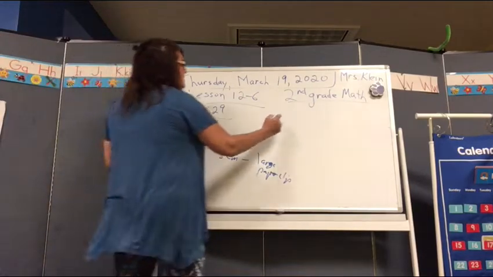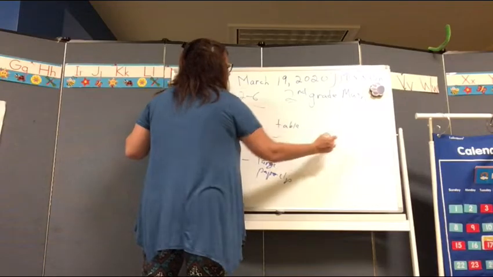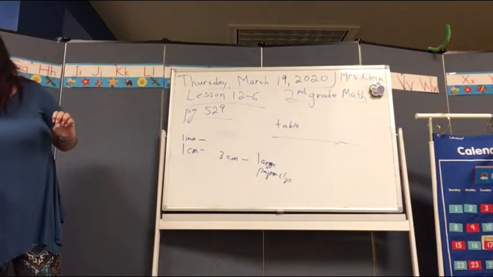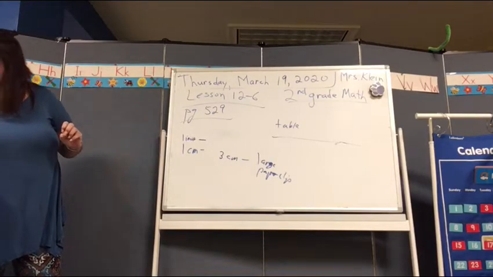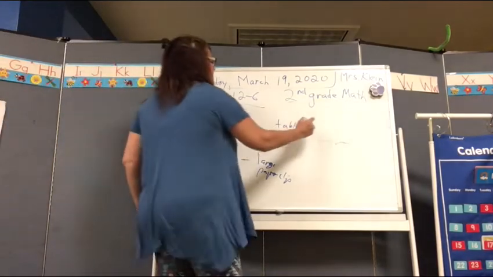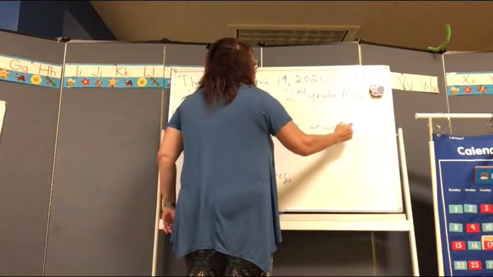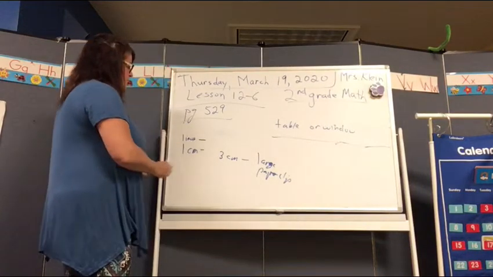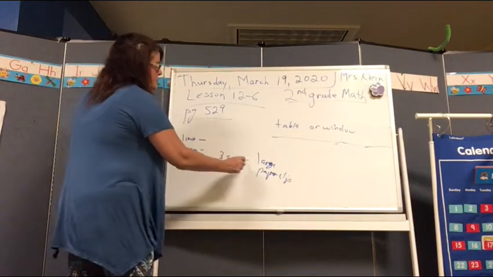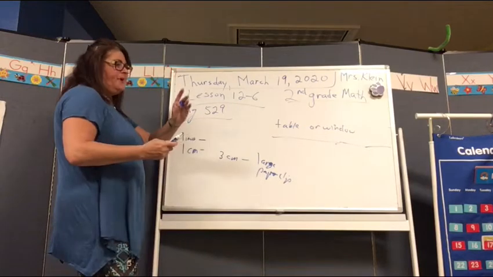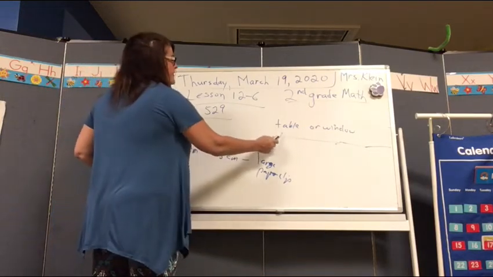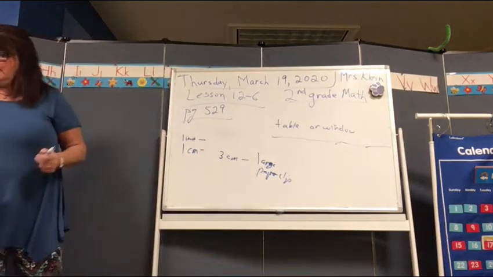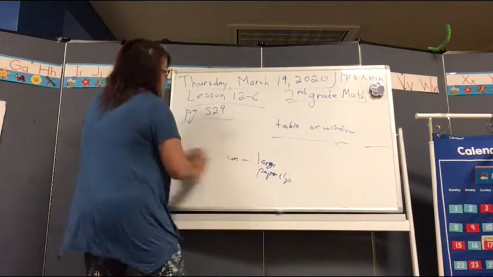A table is about 1 meter long. And a window is about 1 meter long, a table or a window. So this is 1 centimeter, this is 3 centimeters, a large paper clip, a pen cap, a marker cap, and then a meter long is about the length of a table or a window, much longer.